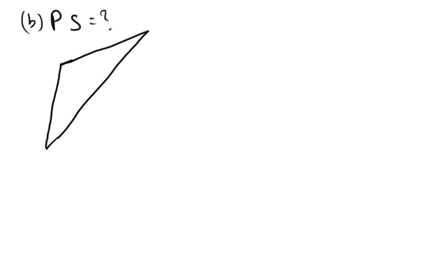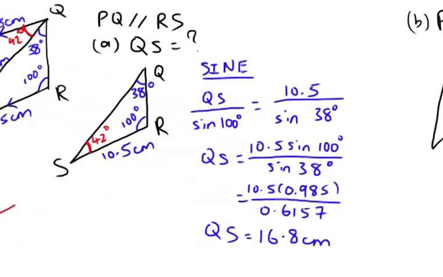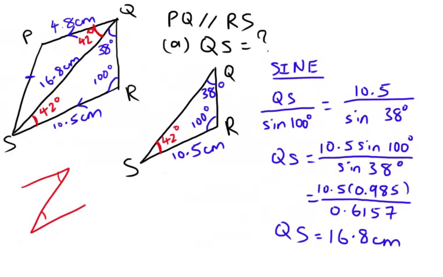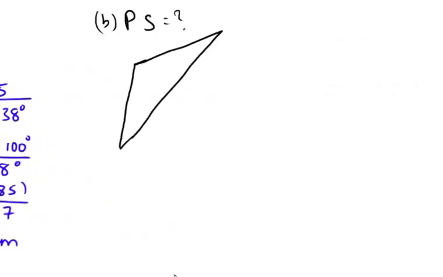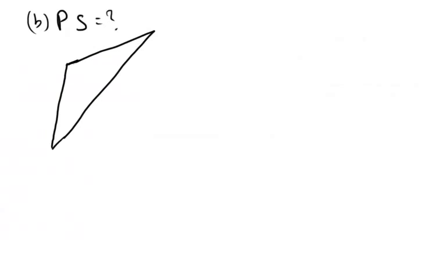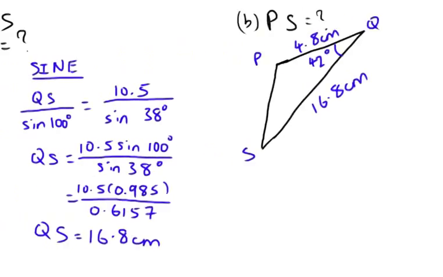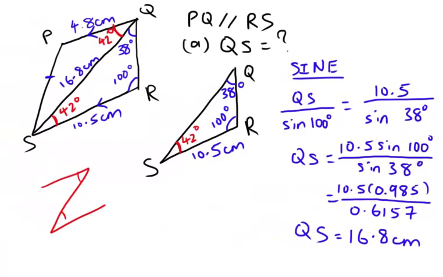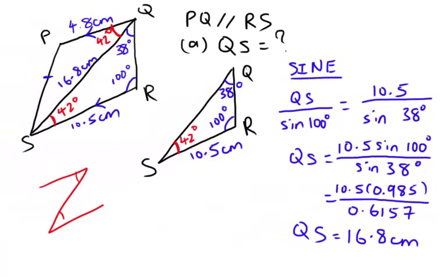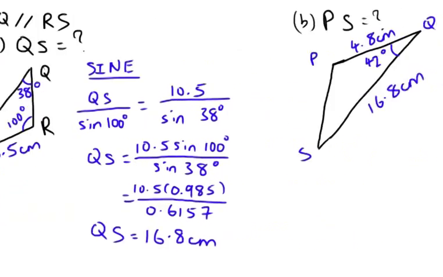Now PQS. Let's copy the triangle out first. You will have PQS and you have 4.8 cm here, this is 16.8 cm and this is 42 degrees. Let's double check: 4.8 cm, 42 degrees, 16.8 cm. Yep.